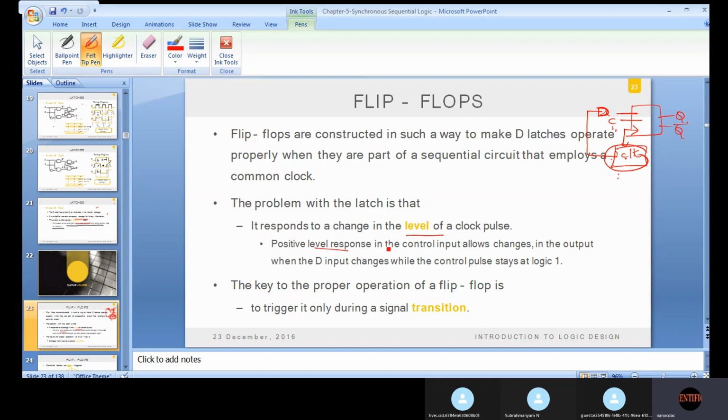So here positive level response in the control input always allows changes in the output when the D input changes while the control pulse stays at logic 1.